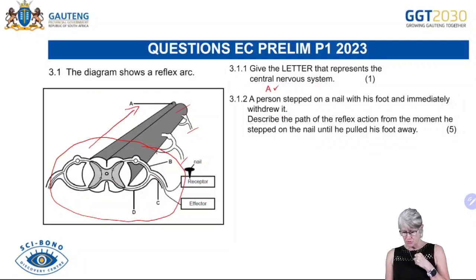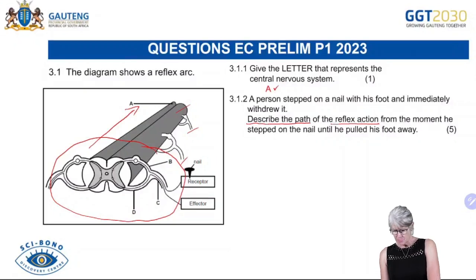Now what they want us to do is describe the path of the reflex action. Okay, so the reflex action was pulling that foot away very quickly. Now they're asking you to describe the path that the impulse traveled along, from where the skin or the foot sensed the pain, the painful stimulus, to when it actually withdrew the leg, the foot.